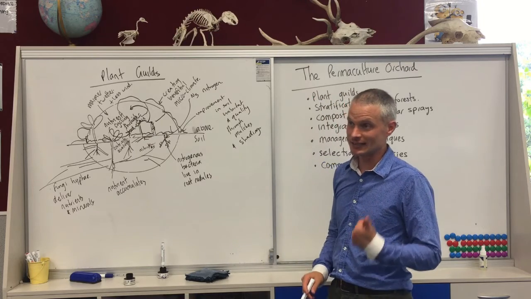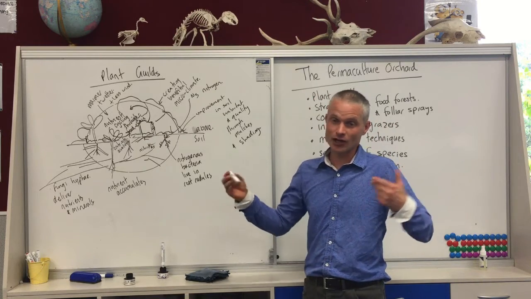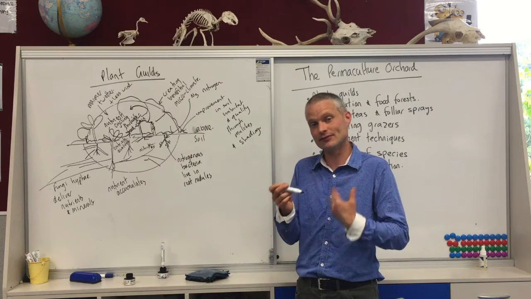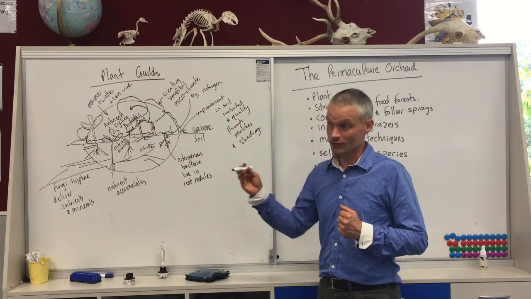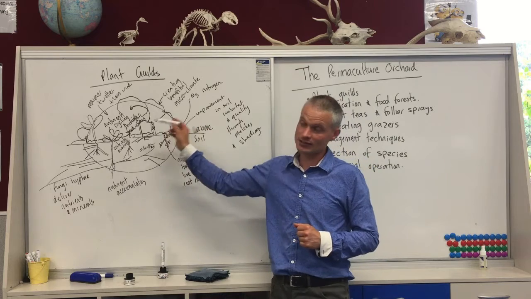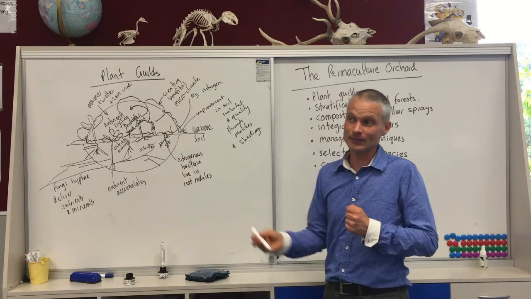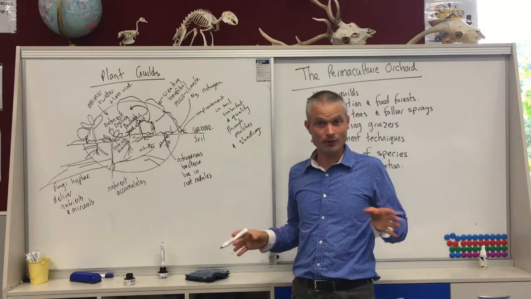And they may not be doing it intentionally, but because they're co-evolving together, so they are occupying the same habitat and they're developing traits in response to these interactions that are happening with these other plants and animals, over time they become quite dependent upon that environment.